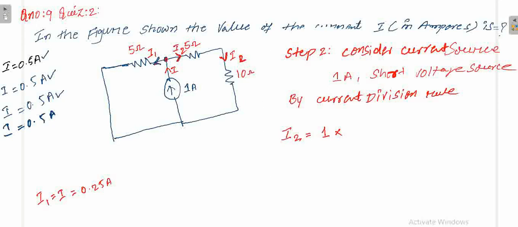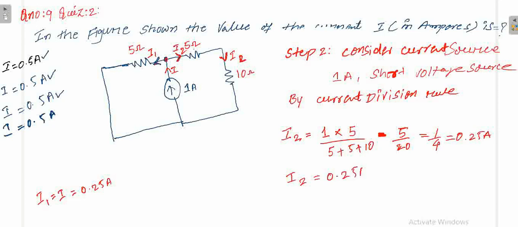What is the opposite resistance for this branch? Opposite resistance is 5. So 5 by total resistance 5 plus 5 plus 10, which is equal to 5 by 20, which is 1 by 4, which is equal to 0.25 amperes. How much value did we get here? I2 equal to 0.25 amperes.